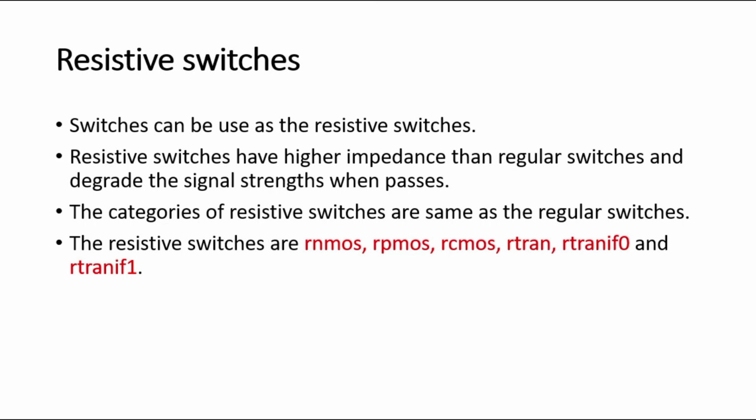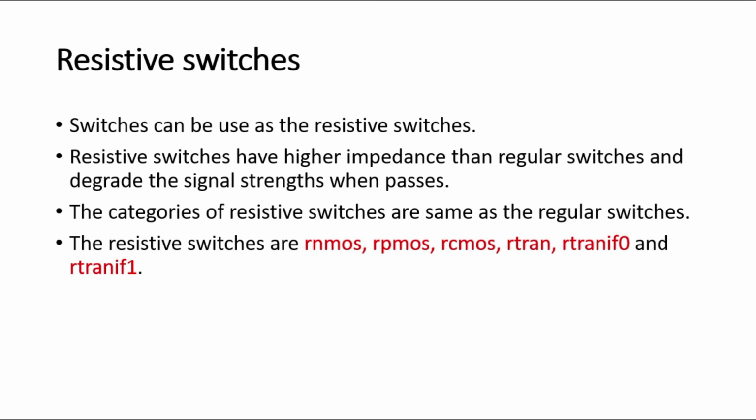In all these types of switches, when the switch is turned on, it simply passes the input data to the output without any resistive value, or it completely passes the input data to the output terminal. There is another category of switches called resistive switches.